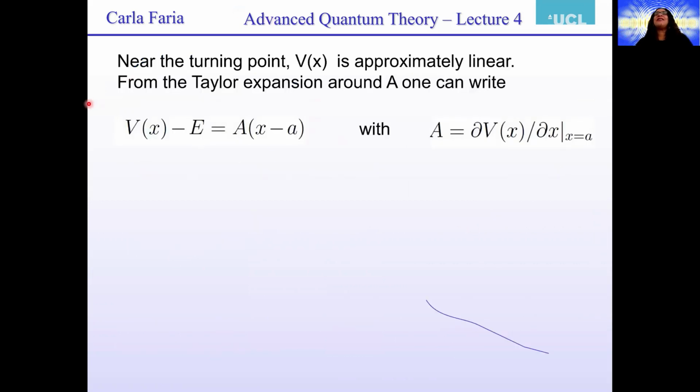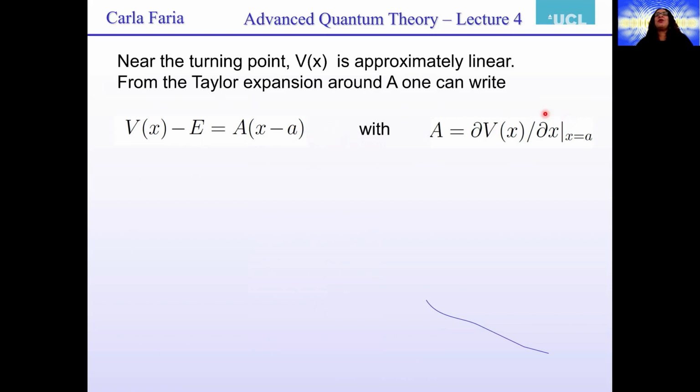Let's think about what we can do near the turning point. So near the turning point, V(x) is approximately linear, right? Because what you can do is you can expand V(x) minus E in Taylor expansion, and you get something like that. So it's an approximately linear function around the turning point, a.